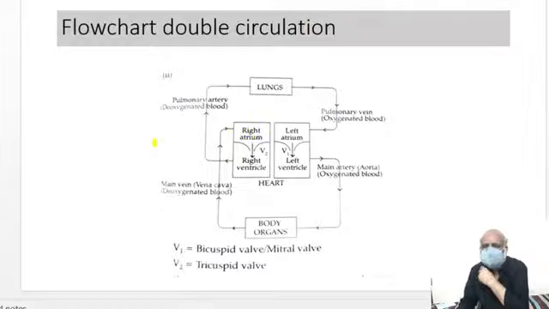Here you can understand all the parts of circulatory system. Here valve V1 is bicuspid valve and valve V2 is tricuspid valve.